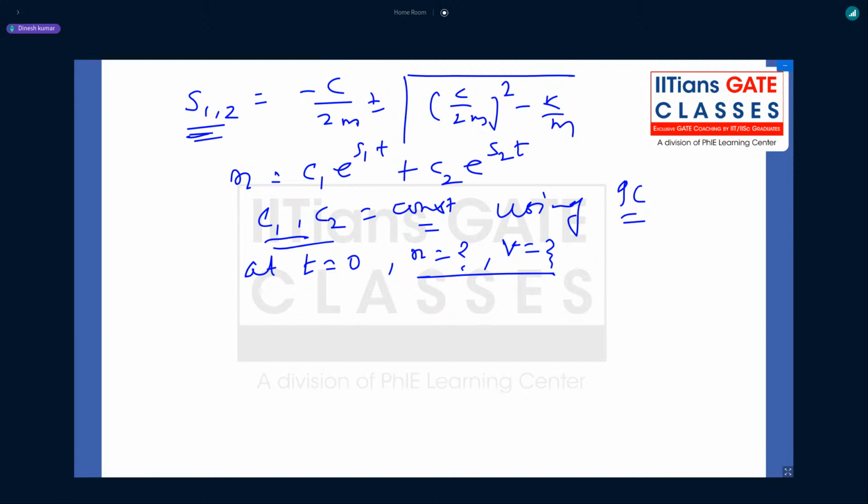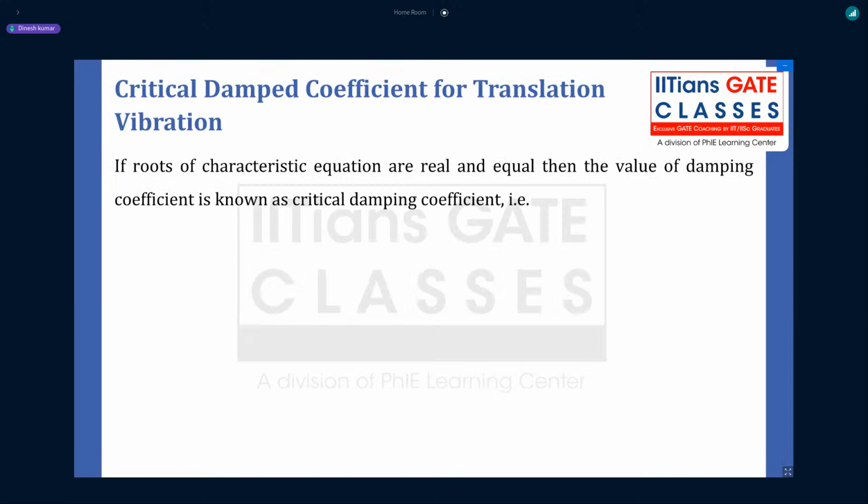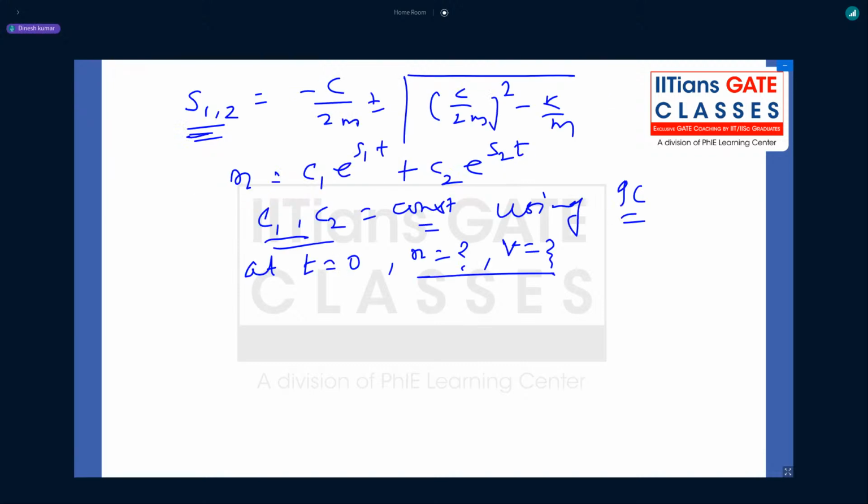Now guys, we need to find what next? Critical damped coefficient. What is your critical damped coefficient for translational vibration? If you check the roots of the characteristic equation, those can be real or imaginary based on this equation.